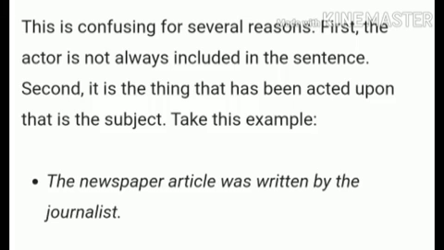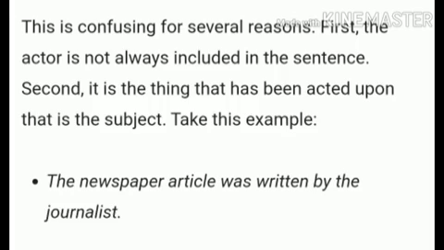This is confusing for several reasons. First, the actor is not always included in the sentence. Second, it is the thing that has been acted upon that is the subject.